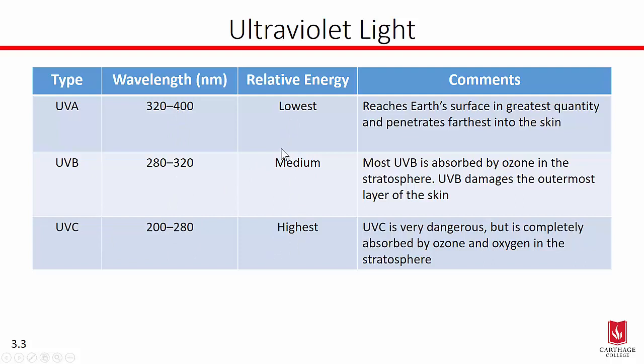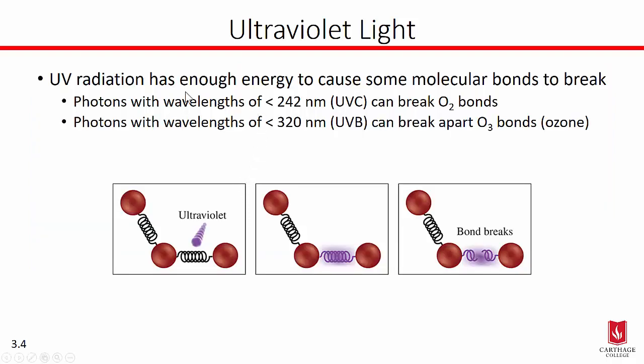So when we talk about the impact this light has on different molecules, when we think about photons, basically the smallest particle of light you can have, photons with wavelengths of less than 242 nanometers in the UVC region are enough to break apart some of the bonds holding together oxygen molecules, O2 molecules.